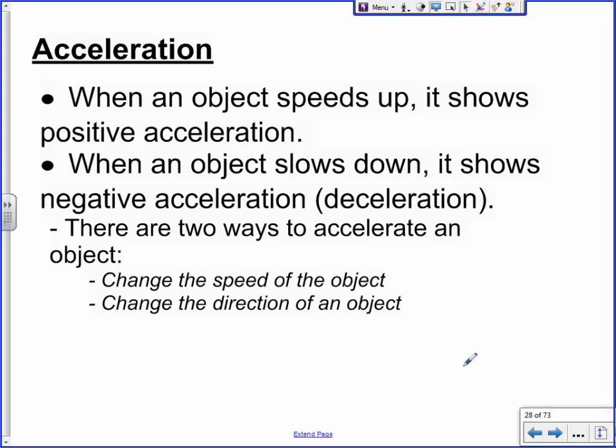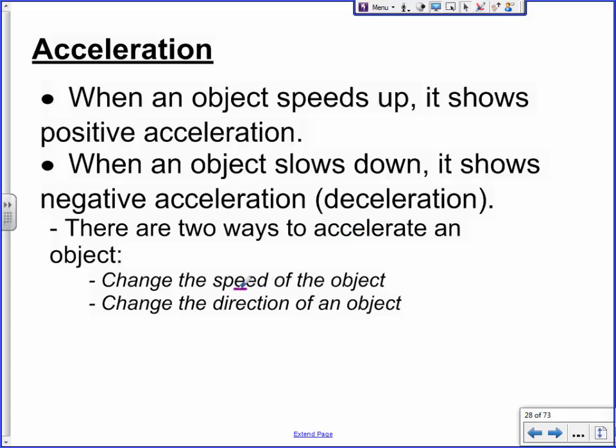So here we're talking about either you're passing the truck on the highway, so you're hitting the gas, or you need to slam on the brakes all of a sudden. Those are the two main ways of doing it. So positive acceleration is speeding up. Negative acceleration, or deceleration, is slowing down. For right now, we're just going to focus on the first one.